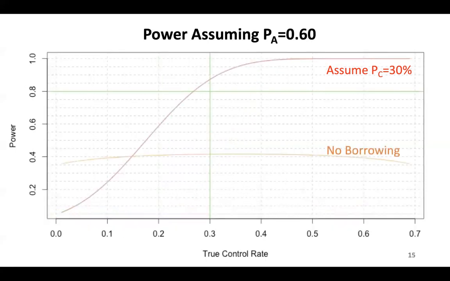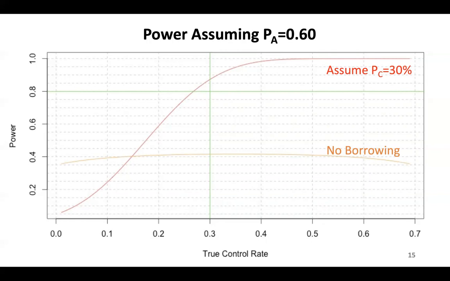So if we look at the power, assuming that the active is 60%, if the control rate really were 30%, our new trial that does 10 versus 10 randomization has barely over 40% power to show that A is better than C. The trial that enrolled all 20 of those patients on the active arm A has 87% power.